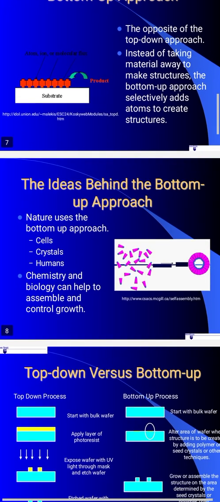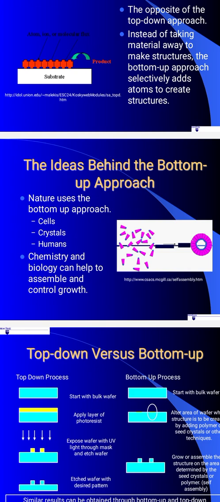So we will get a nanostructure by assembling the atoms. The idea behind the bottom-up approach is that nature uses the bottom-up approach. Here we can see in nature many self-assembling processes, like cells. In cells, all these materials or molecules get assembled by themselves. We are not doing anything externally.